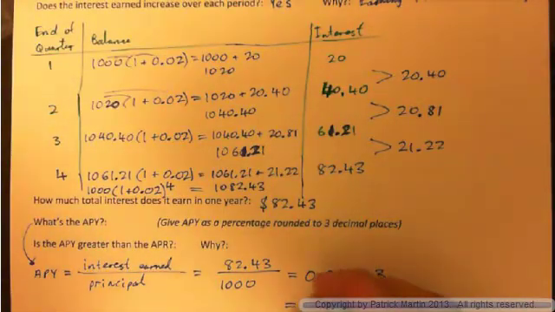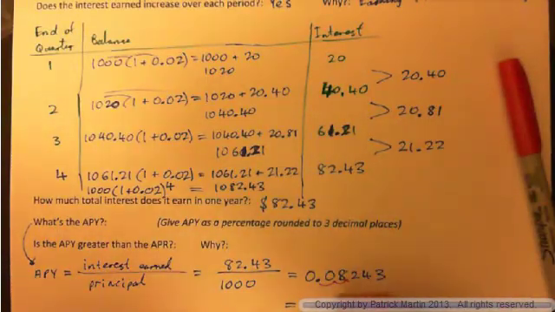As a percentage, the decimal point moves over 2 spaces, and that becomes 8.243%. Okay? So the APY is that.